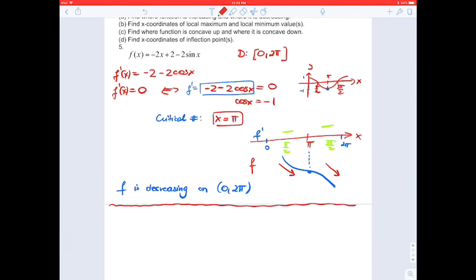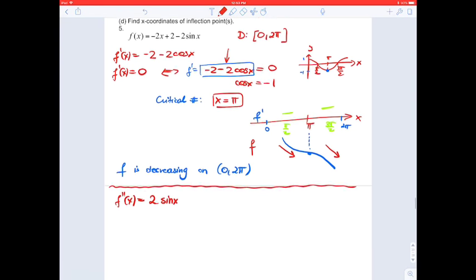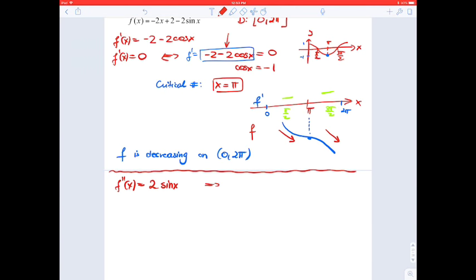Now let's look at the inflection point. That means we will try to look at the second derivative. The derivative of negative 2 cosine of x will be just positive 2 sine of x.